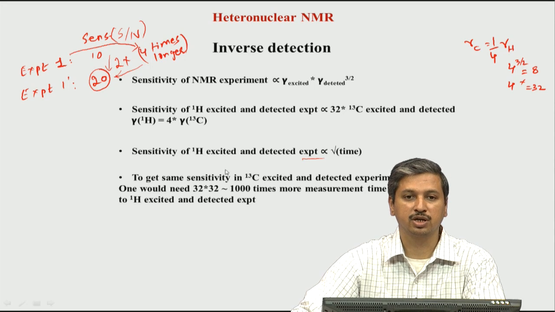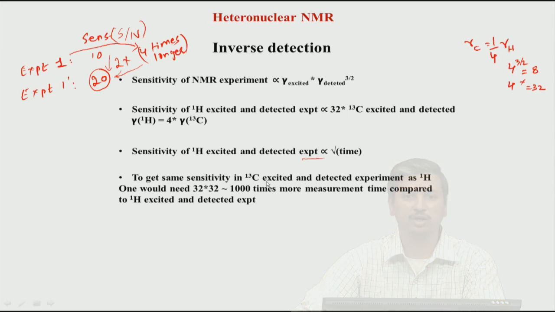So, this is what is shown here: to get the same sensitivity in an experiment where C13 is excited and detected as a proton 1D spectrum, I would need to record 1000 times longer. That is why carbon 1D NMR experiments are generally recorded for a longer time compared to protons.